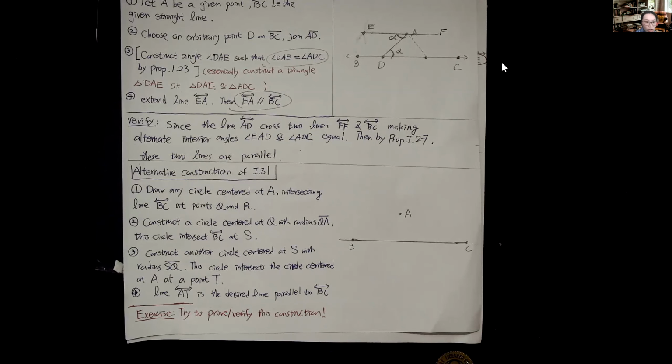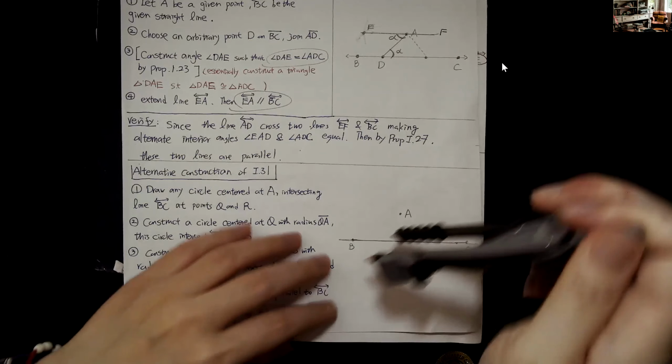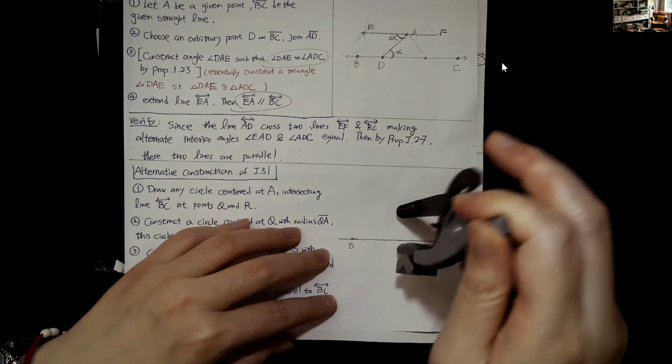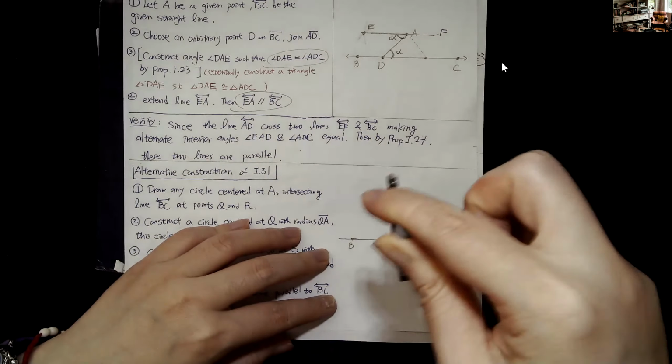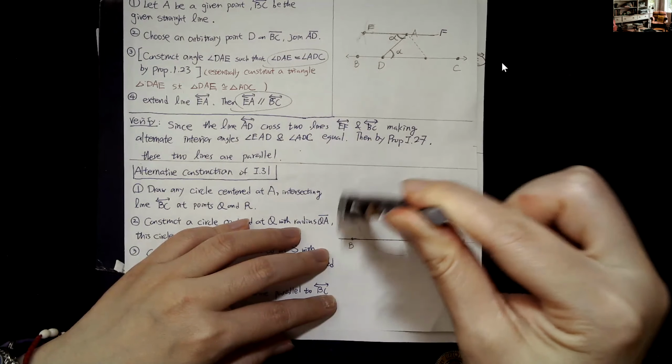So again, we start with the outside point A and a line BC. This alternative construction tells us that we can take A as a center and draw any circle, as long as it intersects the line BC.